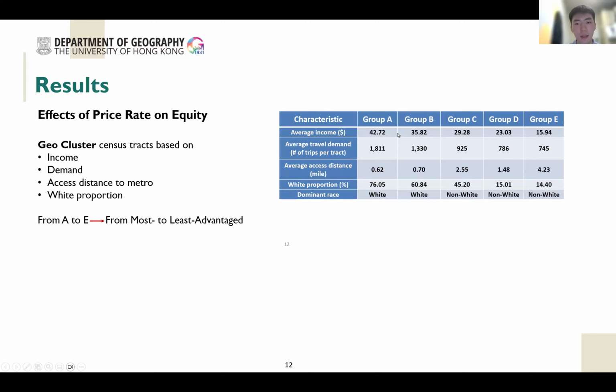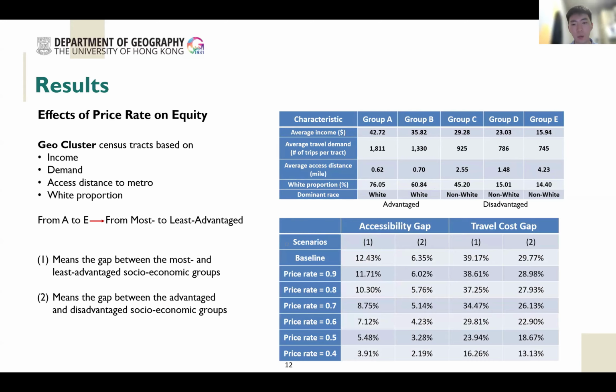So as you can see, groups A and B are the advantaged areas, and groups C, D, and E are the disadvantaged because their average income is below the city's average, and they are not white-dominated groups. And we calculate the accessibility gaps and also the travel cost gaps under different scenarios at different price rates.